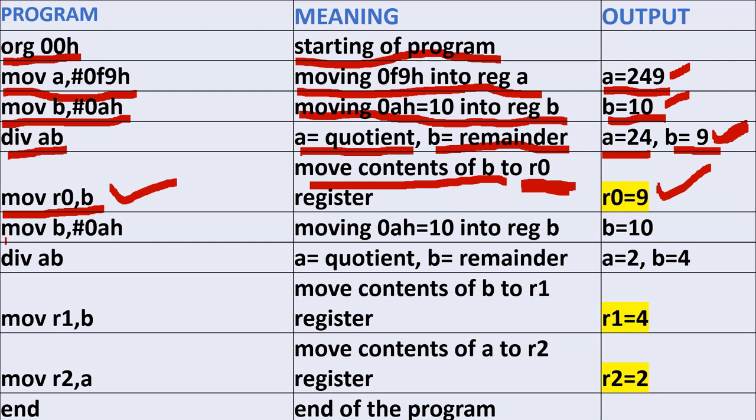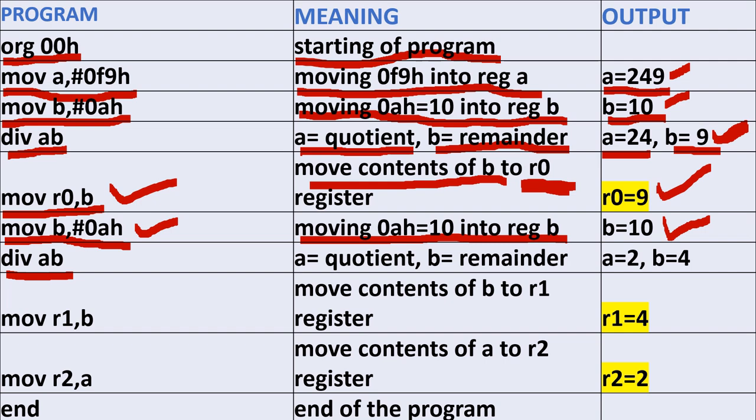The next instruction is MOV B, #0AH. Again in register B we are taking the value 10 or 0A for division purposes, and therefore now my B becomes 10. Now the next step is, again I am doing the division operation.